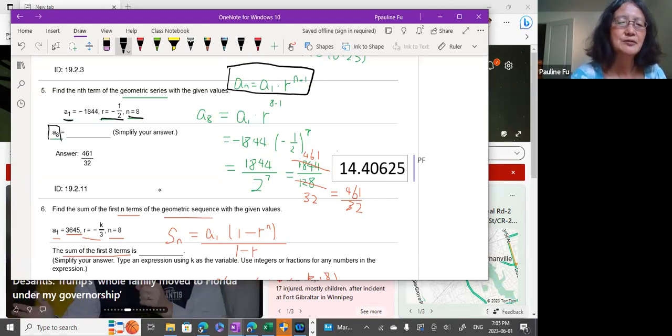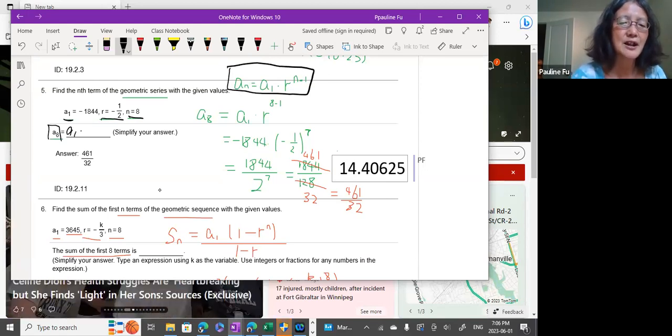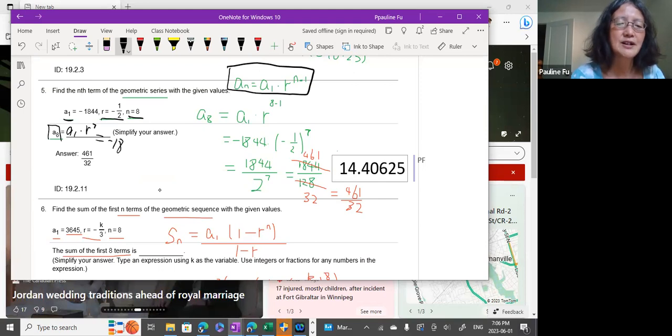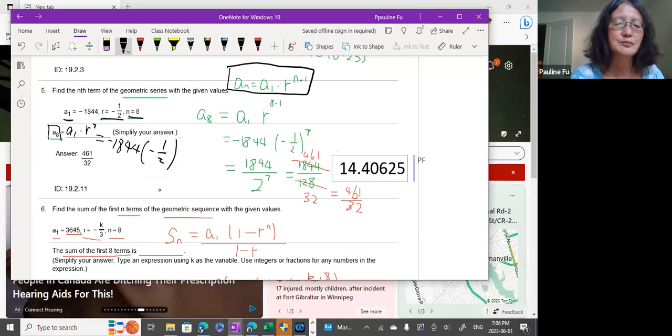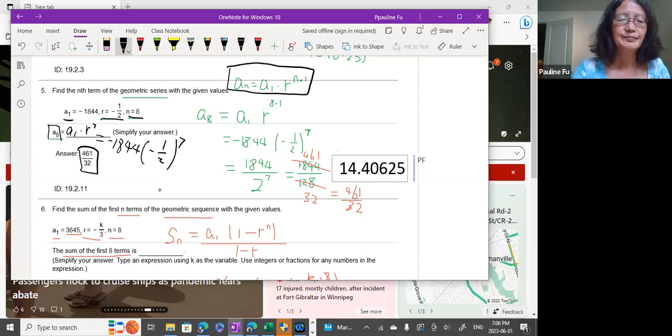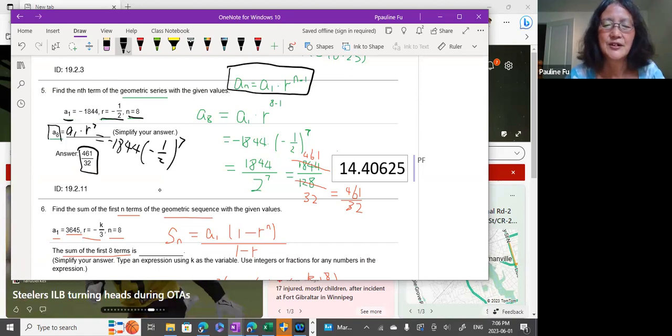So A8 would be A1 times R raised to power 7, N is 8, raised to power N minus 1. Okay, and then A1 is negative 1844, R is negative 1/2 raised to power 7. So this number will give you 461/32. Okay. Questions?